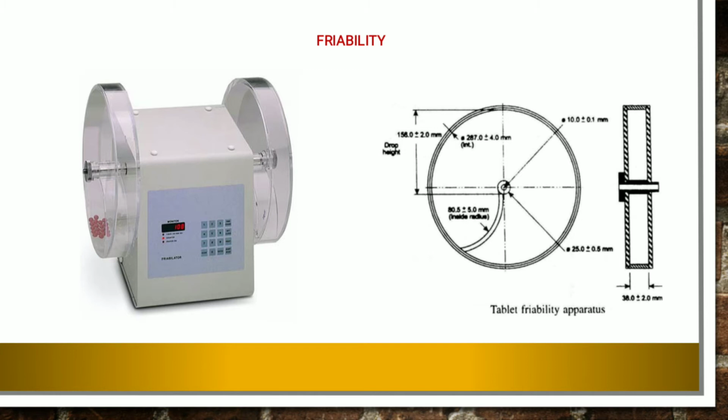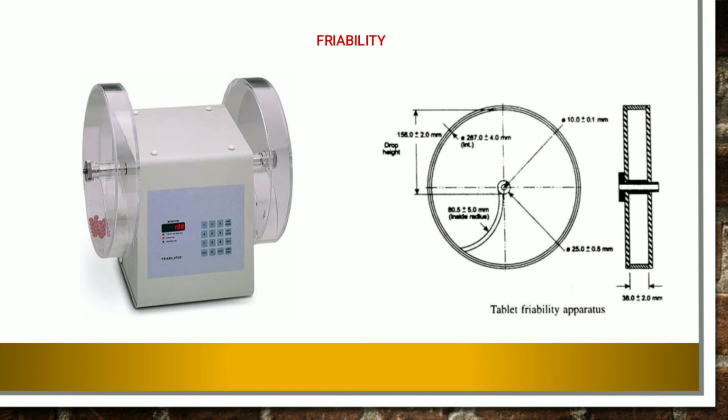It consists of a circular plastic chamber that revolves at 25 rpm, dropping the tablets through a distance of 6 inches in the friabilator, which is then operated for 100 revolutions. Then the tablets are reweighed. Compressed tablets that lose less than 0.5 to 1% of the tablet weight are considered to be acceptable.